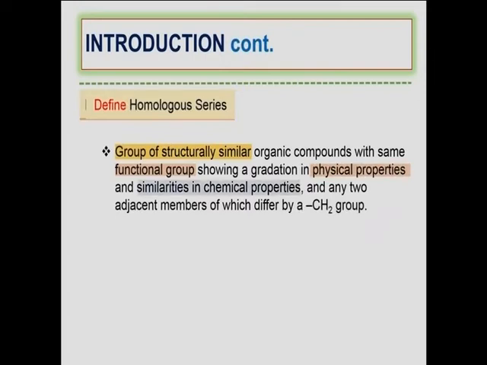However, the chemical property will remain the same, and the successive member in the homologous series will always differ by CH2 group. So this is what we call homologous series.